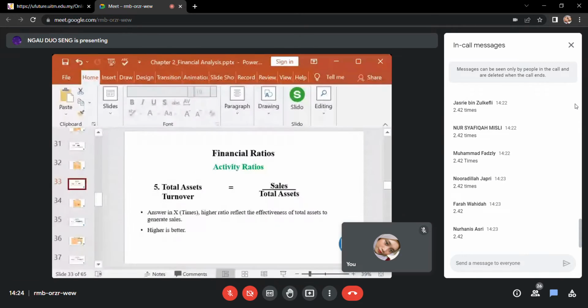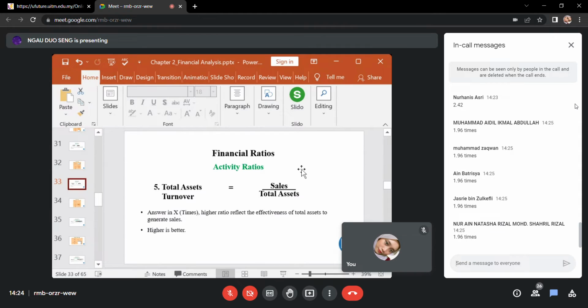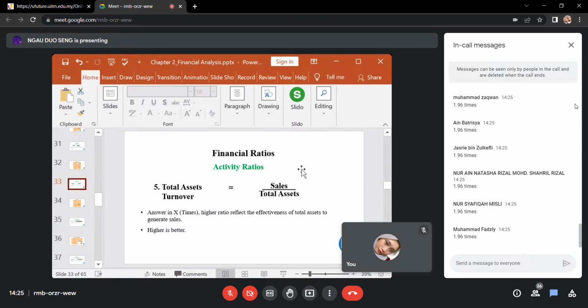So you calculate. If you don't know where to get the numbers, inform me and I can show you. For those who answered 1.96, I know you know. For those who haven't answered, I'm not sure whether you know or not.